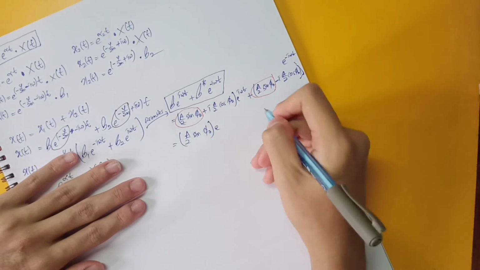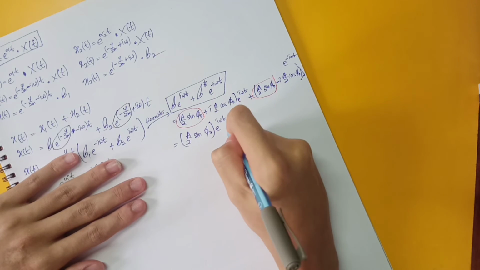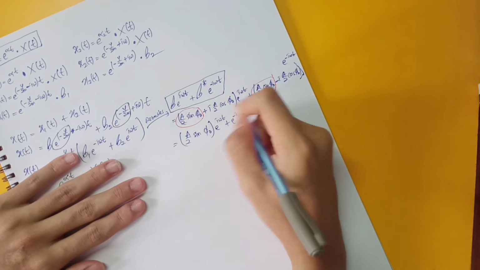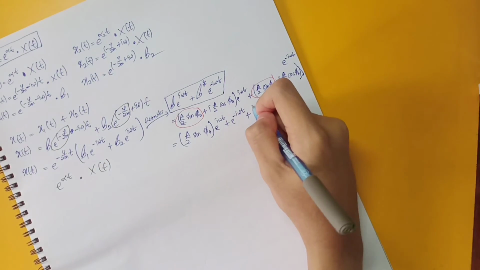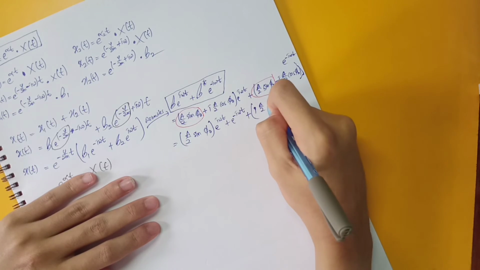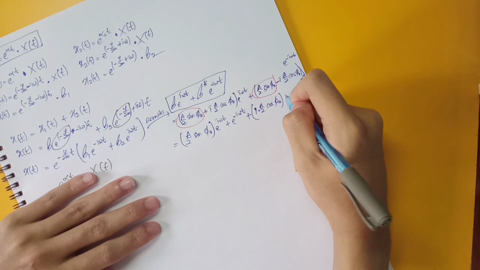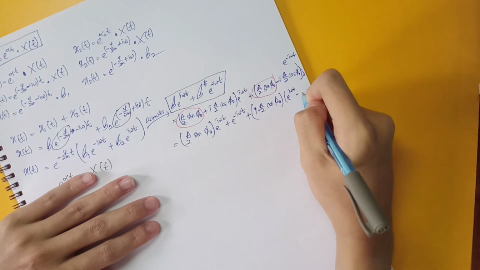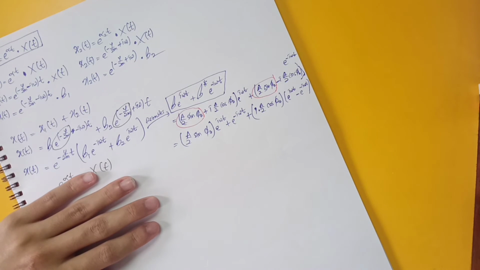So exponential power of i omega t plus exponential power of negative i omega t, and then plus i times a over 2 cos pi naught, times exponential power of i omega t minus exponential power of negative i omega t. Please simplify.